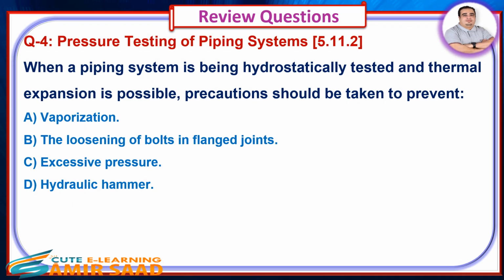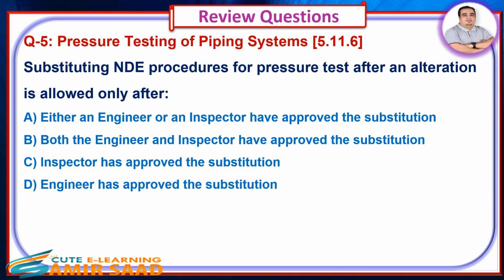Question number 4. When a piping system is being hydrostatically tested and thermal expansion is possible, precautions should be taken to prevent... Answer is C. Question number 5.